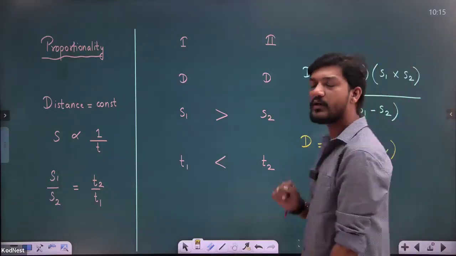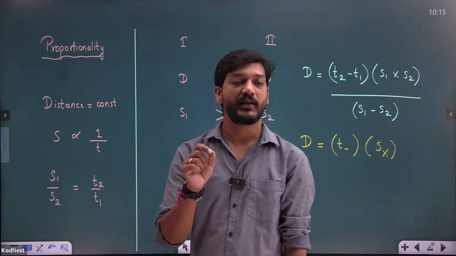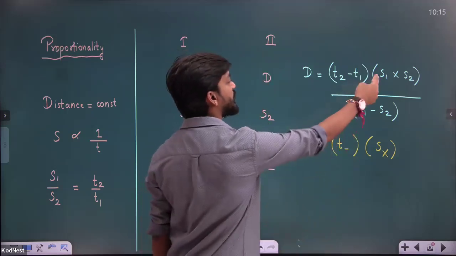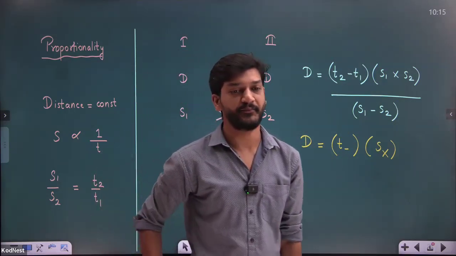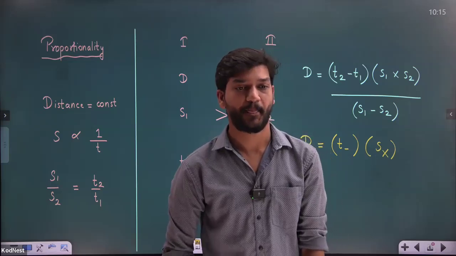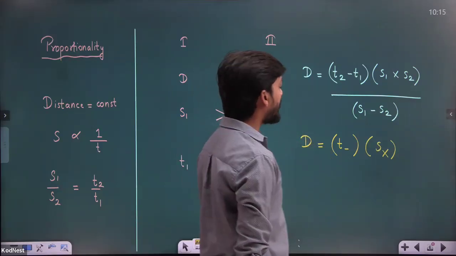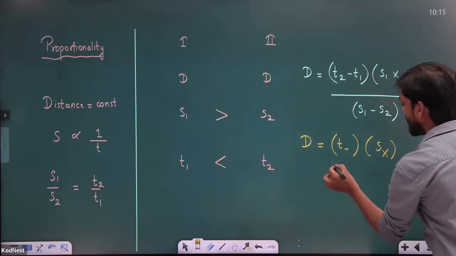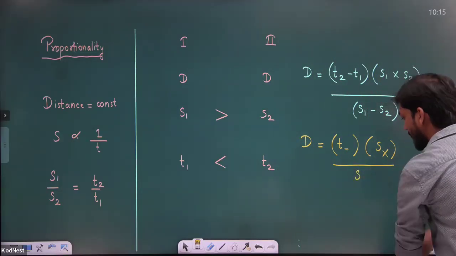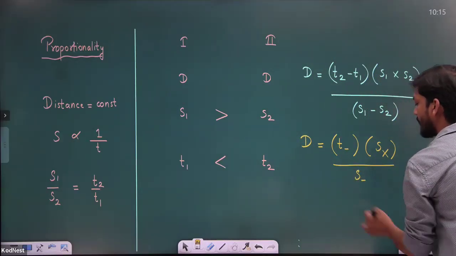Are you able to understand that S cross is the short form of S1 and S2? Yes. Similarly, this also is a speed and we are taking the difference, so write S for speed and minus for difference.